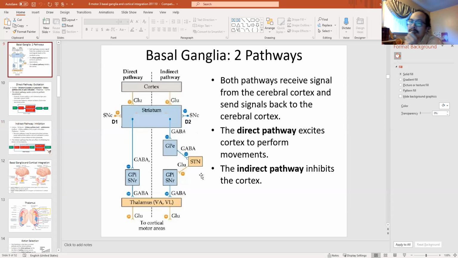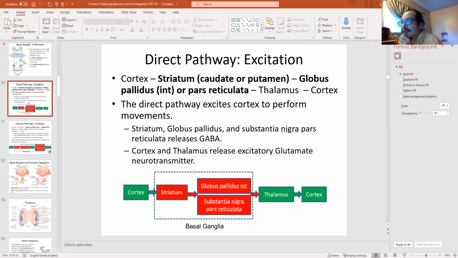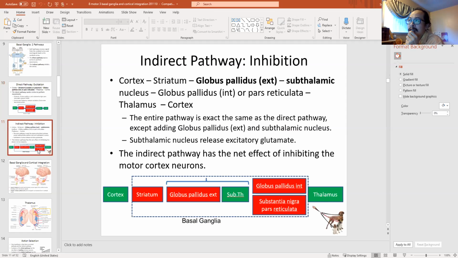So basal ganglia has two pathways. Direct pathway is an excitatory pathway. They basically have these three components: striatum to the globus pallidus internal, or substantia nigra pars reticulata, back to the thalamus, back to the cortex. The indirect pathway is an inhibition pathway.